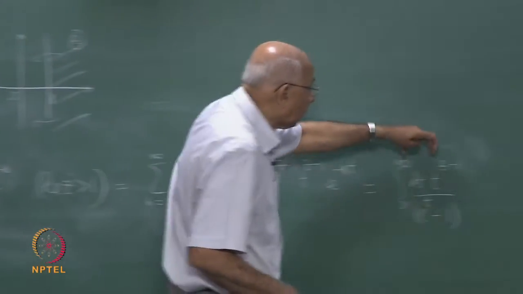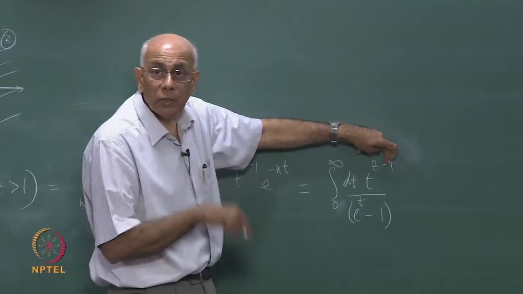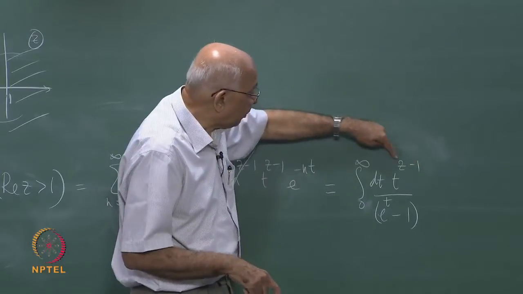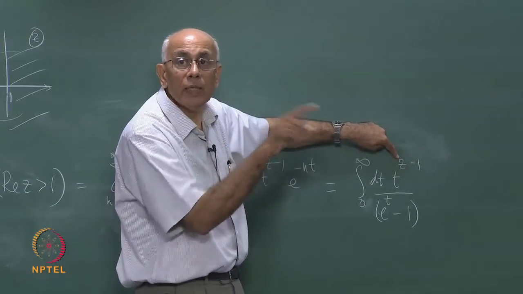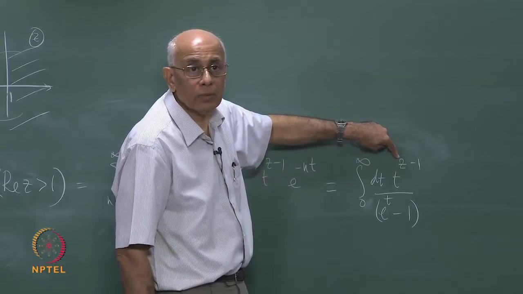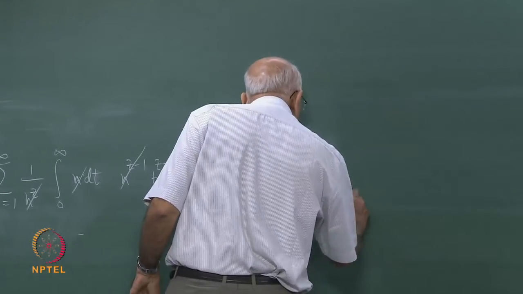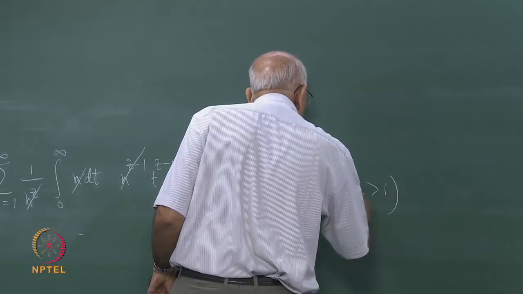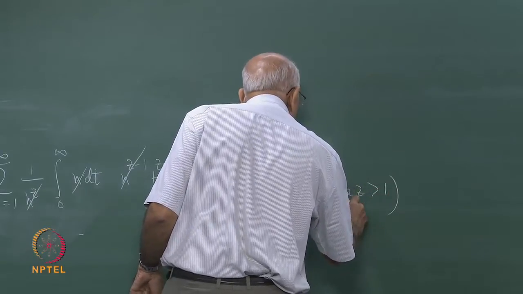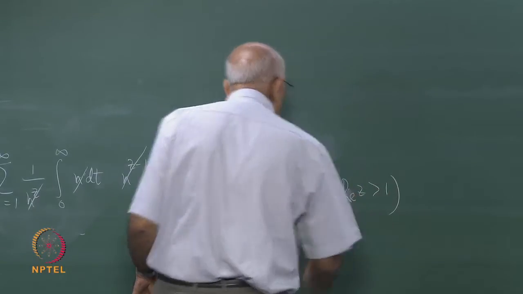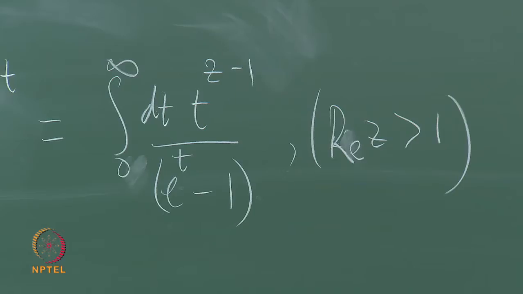There is already a power minus 1 here, so there is a t squared in the denominator. So this power had better be greater than 1, otherwise you have a singularity. So it is still true that real z greater than 1, that condition is still needed.